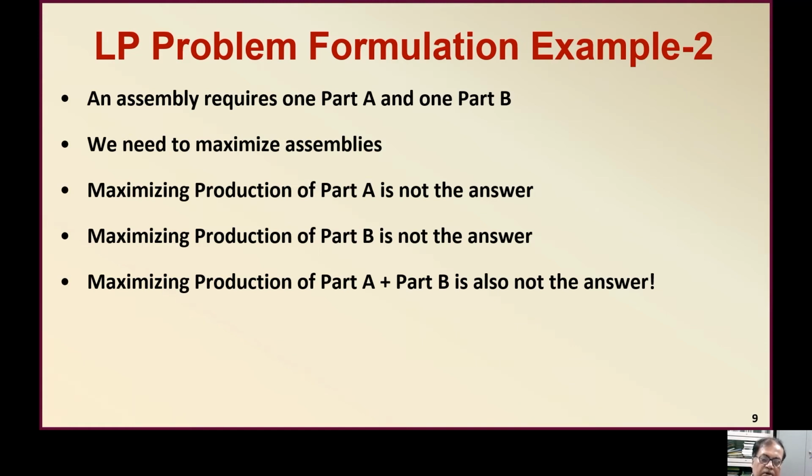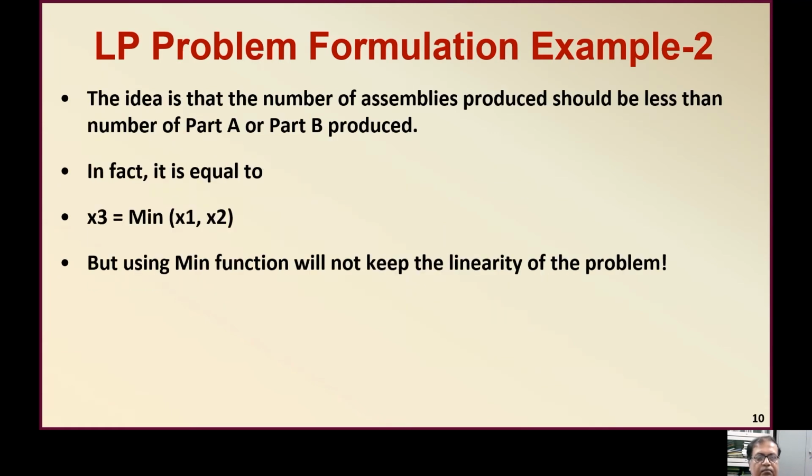So producing more of one part is not an optimal decision, because in the next day's production it is going to create a difficulty. So we have to see that the number of assemblies should be neither part A nor part B. So what is it?